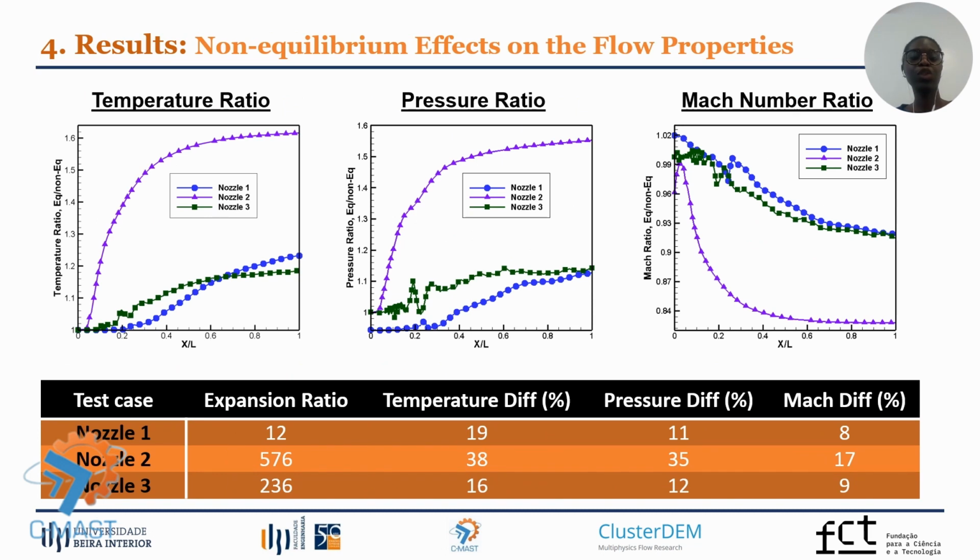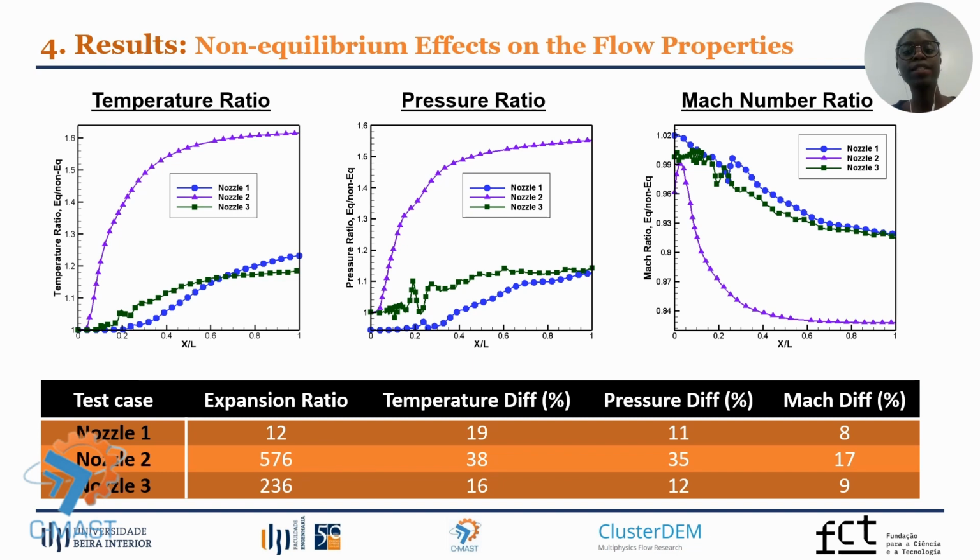The figures show the distribution of transrotational temperature, static pressure, and Mach number ratios between equilibrium and non-equilibrium conditions along the nozzle center line. We can observe a consistent behavior between the results for the three nozzles, with the temperature ratio increasing along the nozzles, the pressure ratio also increasing, and the Mach number ratio decreasing.